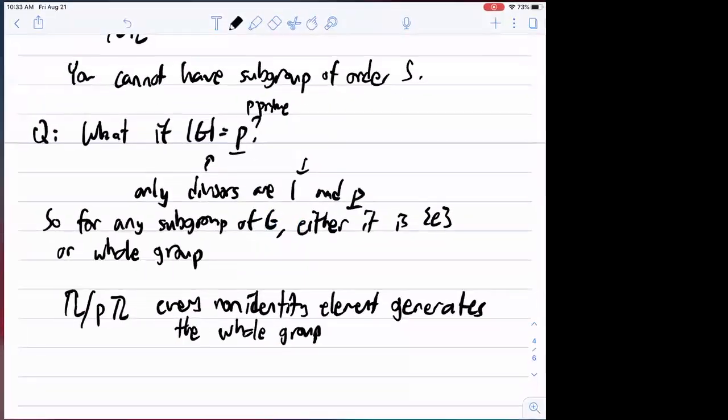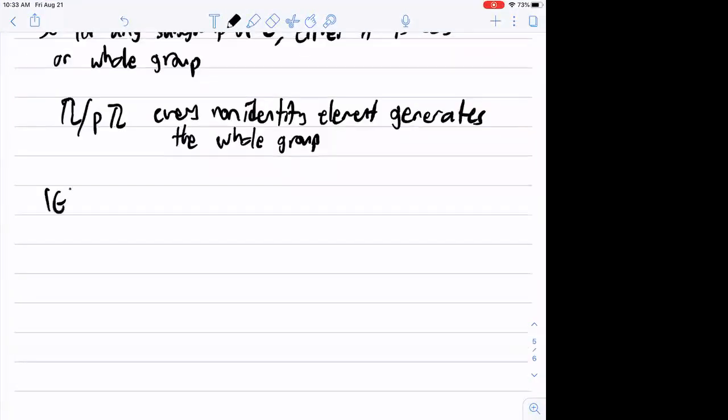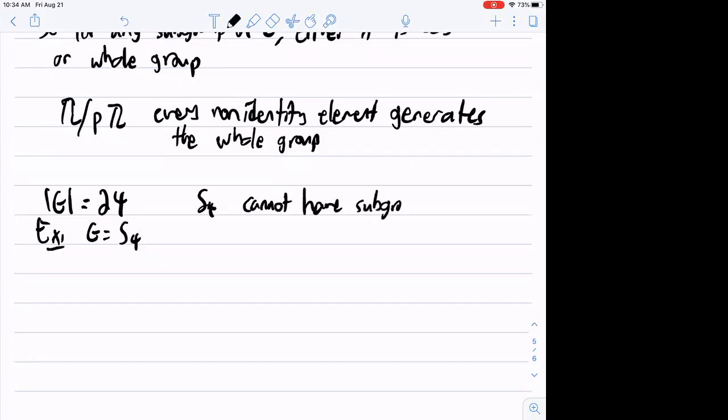And it's stronger in a sense. If the order of G is 24, an example would be S4. S4 cannot have subgroups of certain orders.